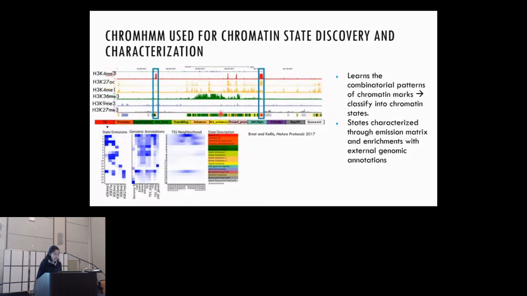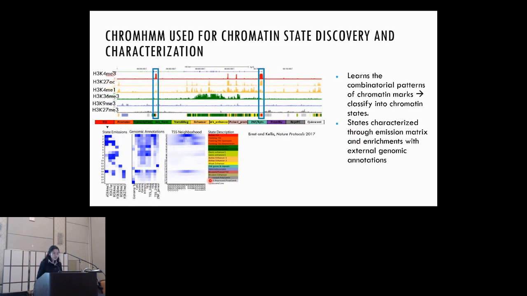This is the chromatin state annotation, and I'm highlighting two windows that are annotated as the red state corresponding to TSS and promoter activities because they share the same kind of patterns of signals of chromatin marks. And these chromatin states can be characterized and given really biologically meaningful names through model parameters and enrichment with external genome annotation.